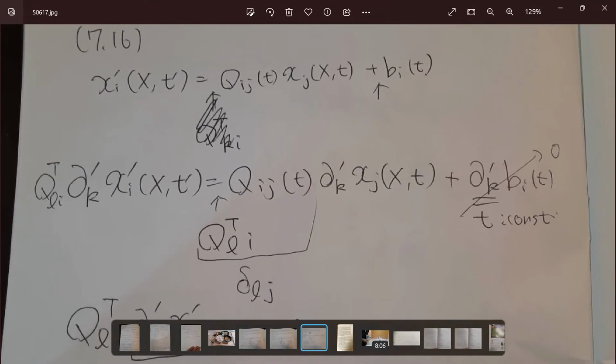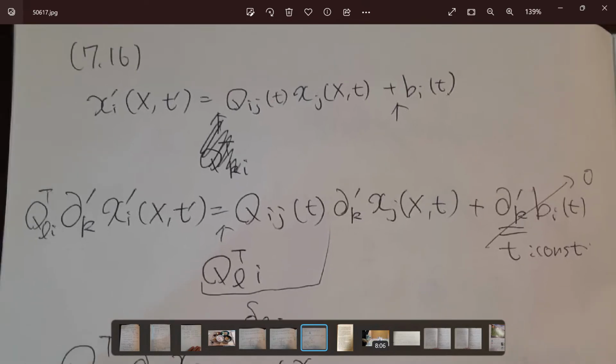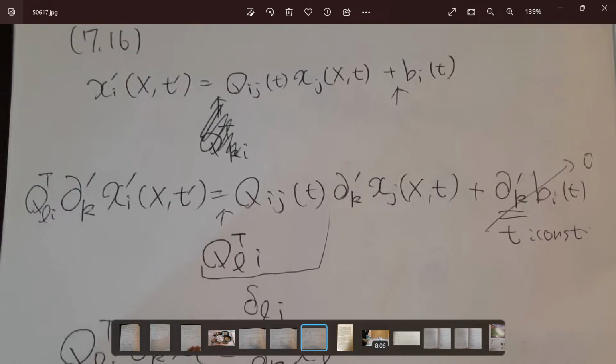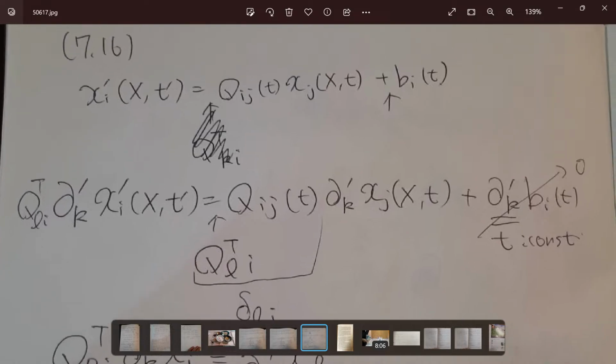So to obtain this, we have to start from 7.16. In 7.16, we state the relationship between primed x and unprimed x.